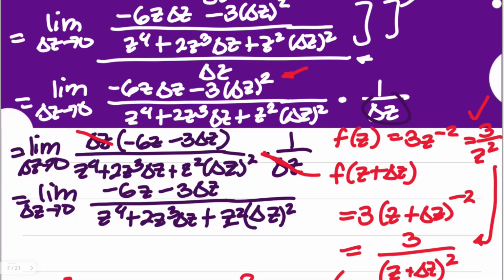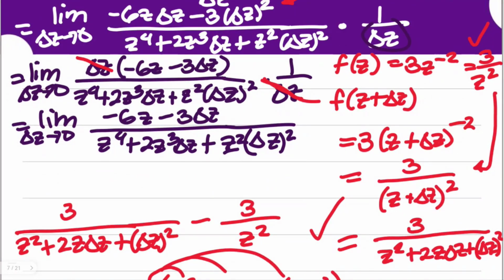As mentioned, we still have this as we now apply the value of delta z approaching 0. So we will no longer use limits because this would be 0, that would be 0, this is also 0. What remains here is just simply minus 6z over z to the power of 4.